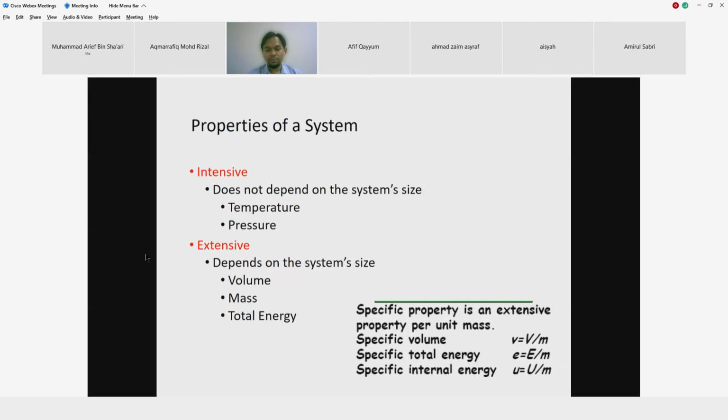Then we have specific total energy, energy over mass. Last one, specific internal energy, small u, internal energy over mass. So please remember this: specific volume, specific total energy, specific internal energy.